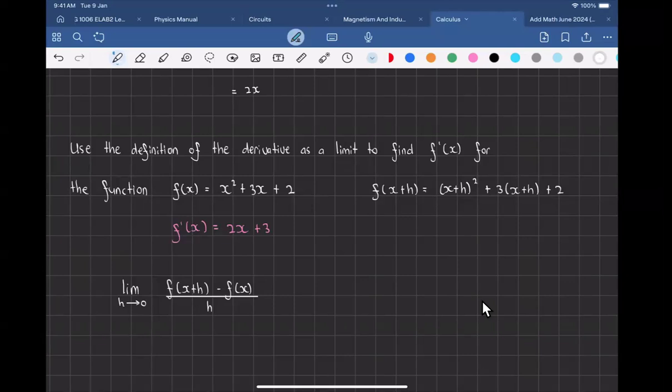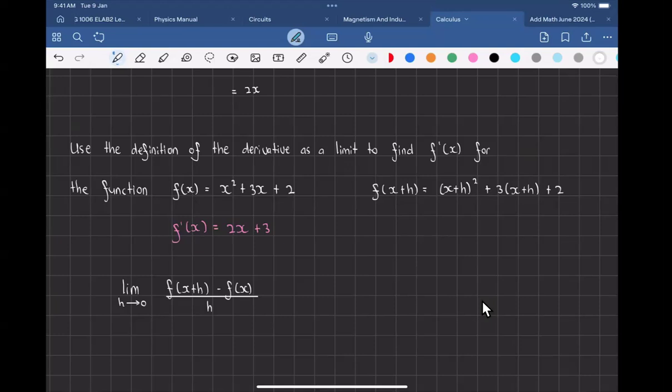So Alia, you went ahead and found f of x plus h. Oh, by the way, Amalia, you see we have f prime x is equal to 2x plus 3. Just put that in brackets or somewhere as the answer. Okay. So you have x squared plus 2hx plus h squared plus 3x plus 3h plus 2.